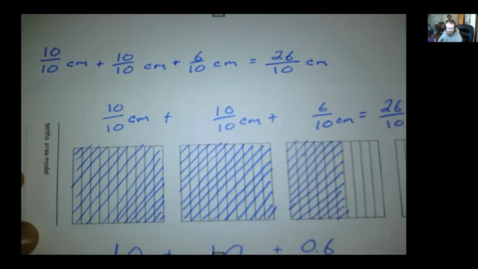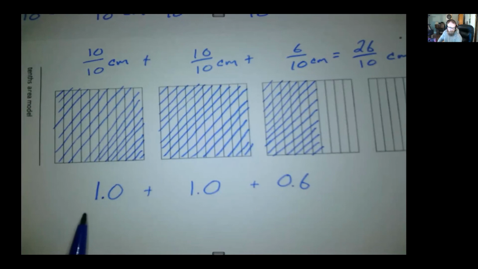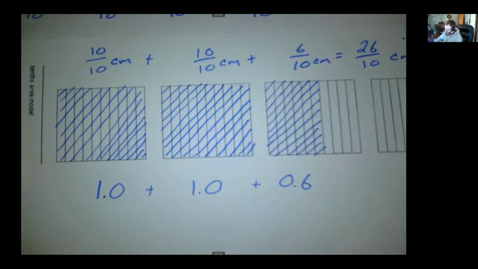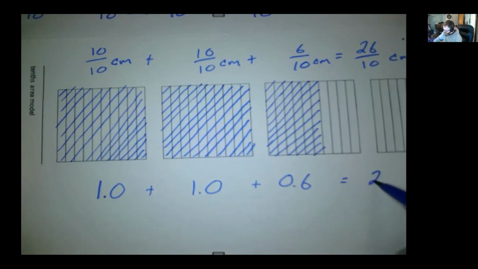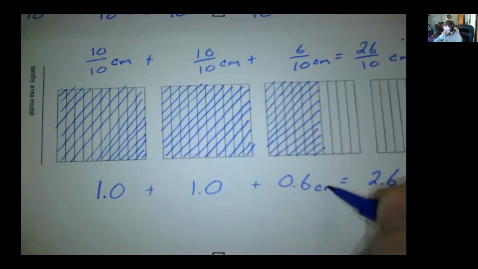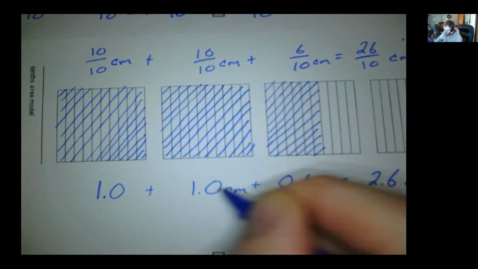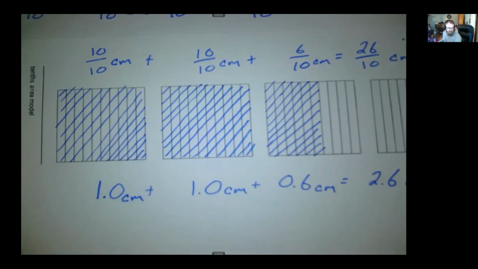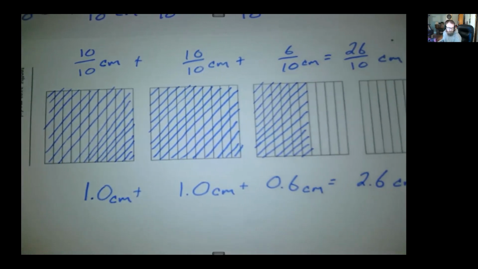So we read that as 1 plus 1 plus 6/10 equals 2 and 6/10. And again, let's not forget our labels. Centimeters. Make sure your paper looks just like mine. Again, this is page 13 in your workbook.